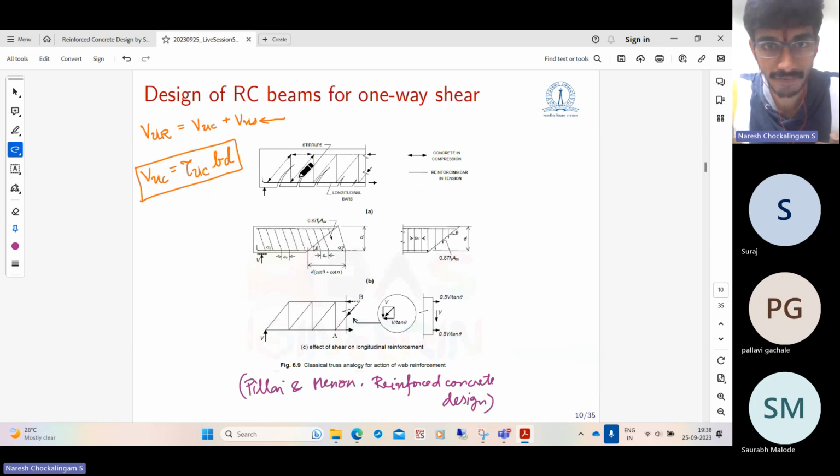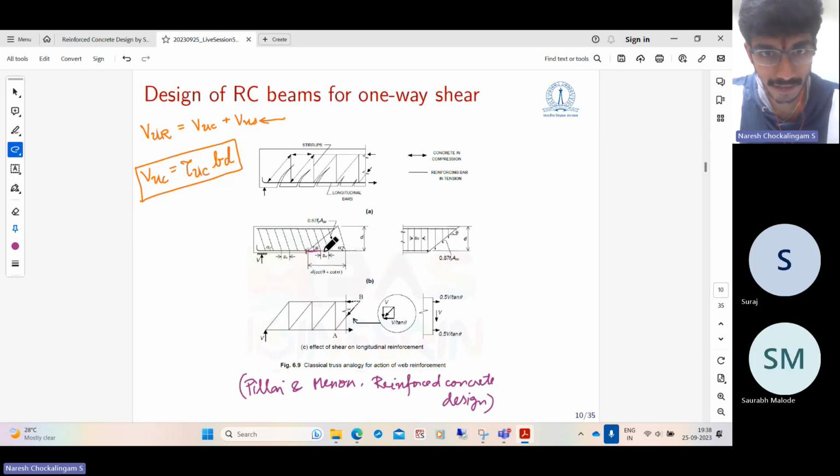So the analysis is we assume that there are cracks distributed like this, and the shear reinforcement, basically our stirrups, are provided like this. So our stirrups are oriented at some angle, say alpha, and the crack is oriented at some angle theta. In that case, if you take this distance, how many stirrups will be there? This distance is d cot theta.